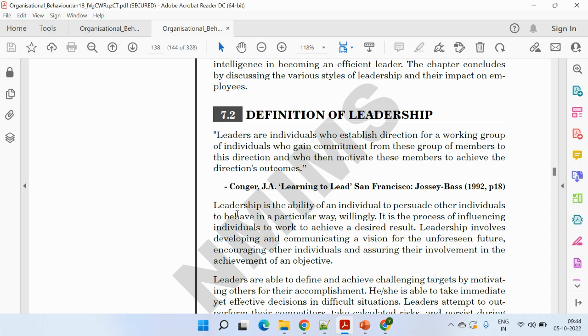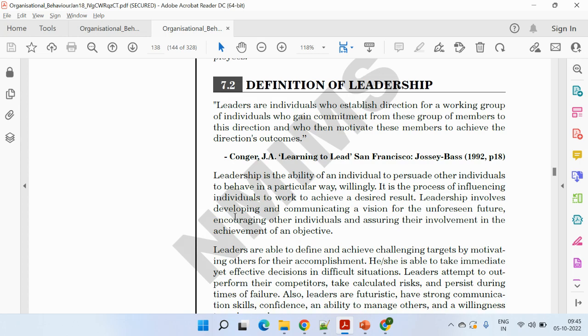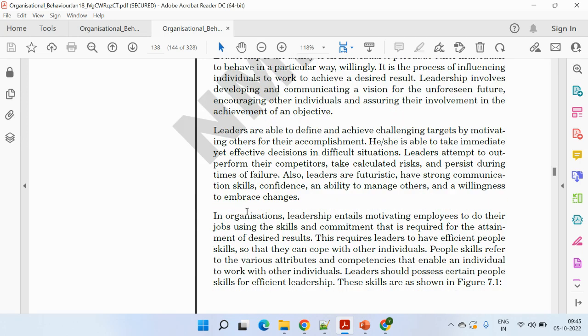After that, you can explain what leadership is. It's about influencing and persuading the employees in a particular way to achieve certain desired goals and desired efforts. It involves many communication skills. It involves many targets which need to be achieved. It involves certain kinds of risks, and how decisions are to be taken in certain situations.